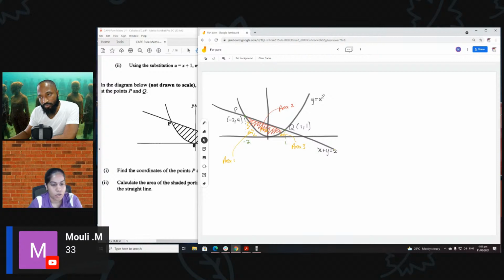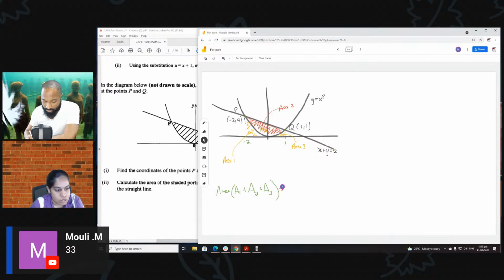So let's take the area of all of them. So that's the area of A1, A2, and A3. Right, so what shape is this? Can anyone see the shape? I will say it's a trapezium. Right.